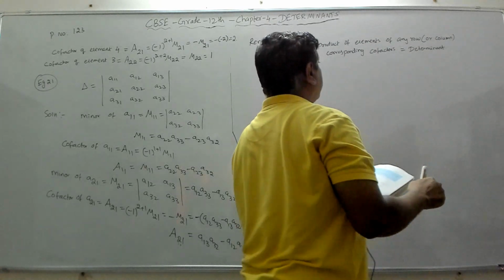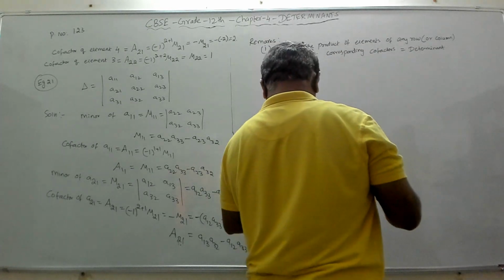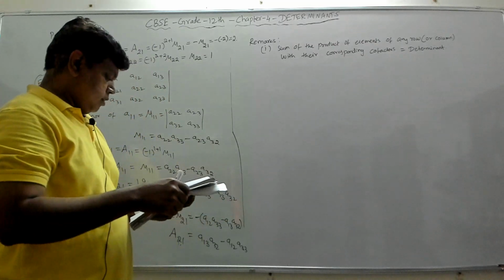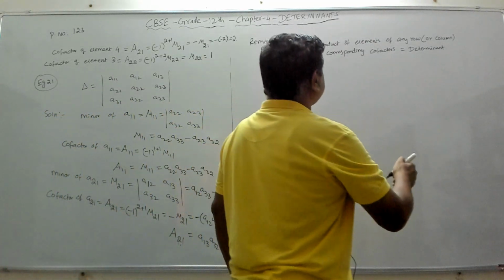That will be equal to the value of the determinant. The determinant is denoted by delta.